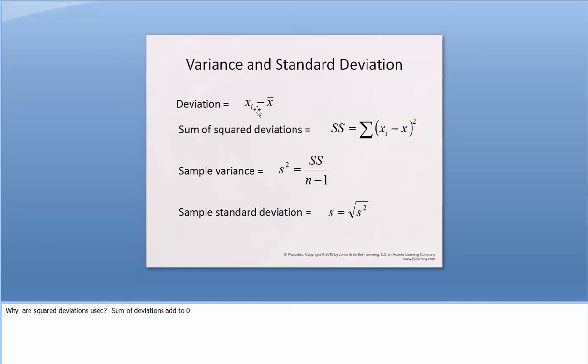But think a little bit here. There are plus deviations and minus deviations. Now, see, mean is the average. So what happens is, if you add all the deviations, the plus deviations cancel out the minus deviations, and the sum actually will add to 0. So always the average deviation for a sample will turn out to be 0.